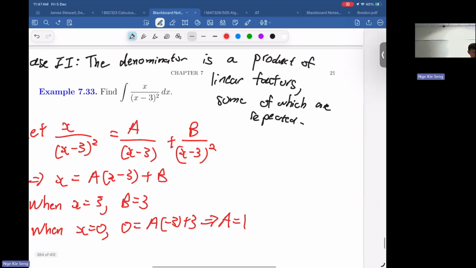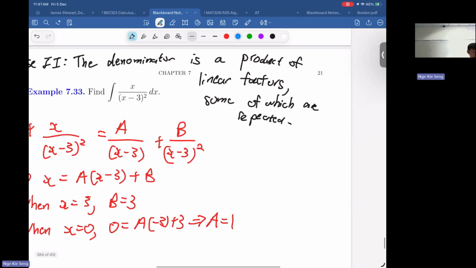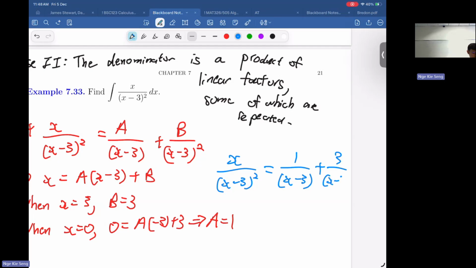Maybe we could try and make sense of this. x over x minus 3 squared equals 1 over x minus 3 plus 3 over x minus 3 squared. It's true that you can split it like this, because it will satisfy x equals 1 times x minus 3, plus 3.